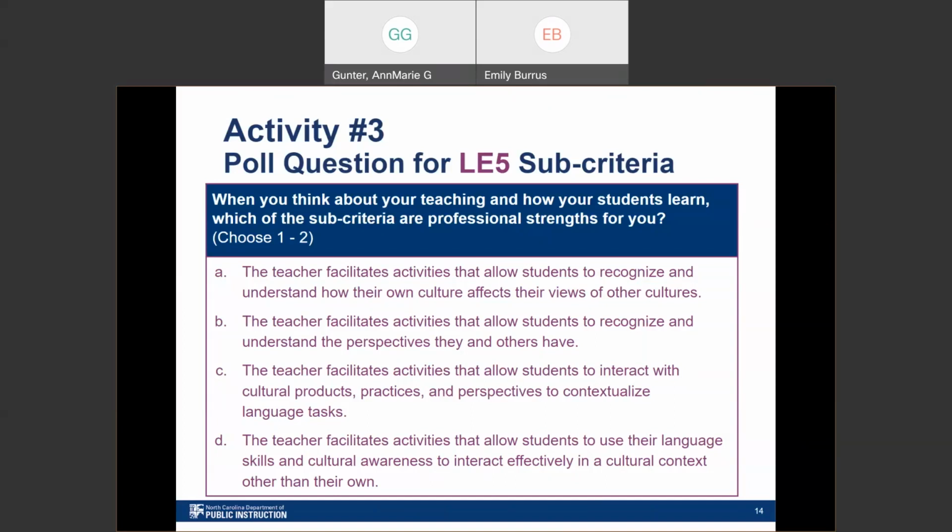But A and D also got about a third from you. So again, strengths across the board when it comes to culture and implementing our 3 Ps in the classroom. I'm going to go ahead and leave those up on your control panel because we're going to be using them as we continue through our broadcast.